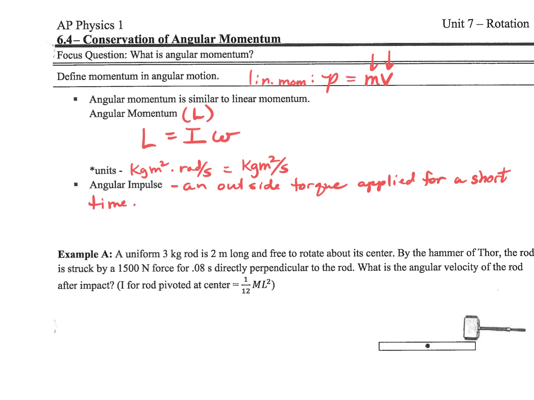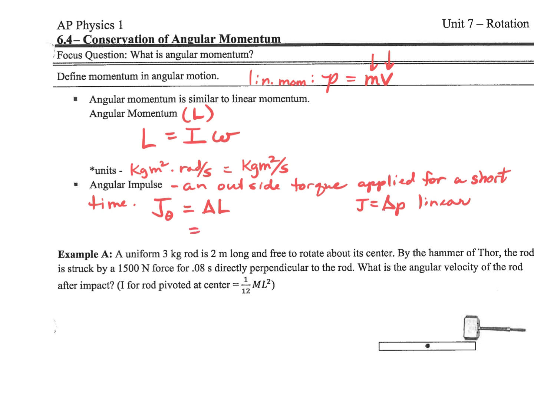Angular impulse is equal to change in angular momentum, so delta L, just like J is equal to delta P for linear. J theta, which is how we distinguish it being angular, is delta L.